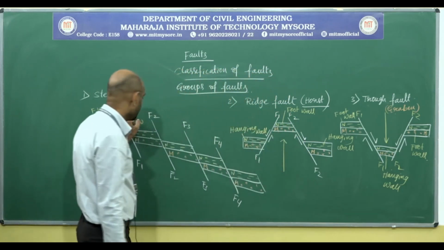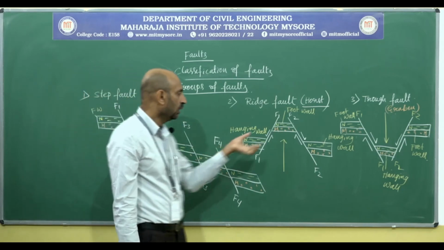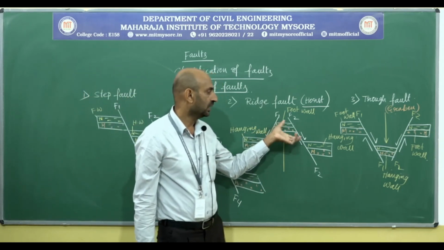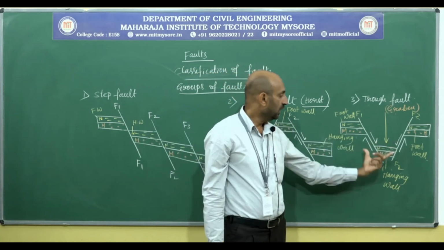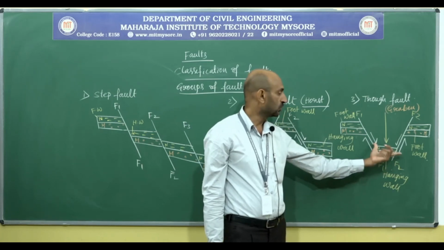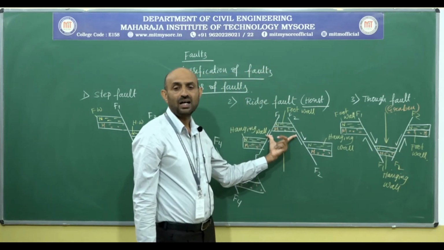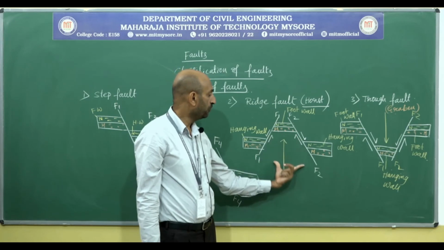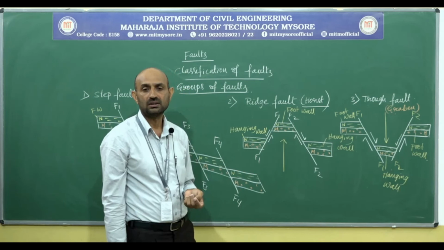But in the step fault, a number of normal faults can be seen. Here, one common upthrown block, here one common downthrown block. Here, both the fault planes are dipping towards each other with a common downthrown block. Here, both the fault planes are dipping away from each other with a common upthrown block.